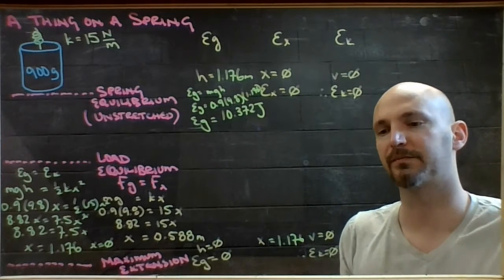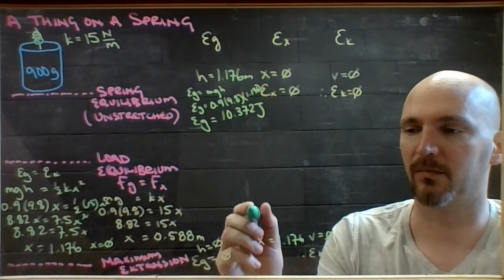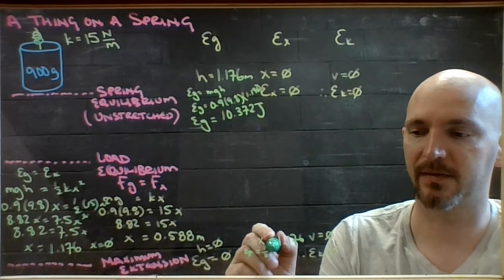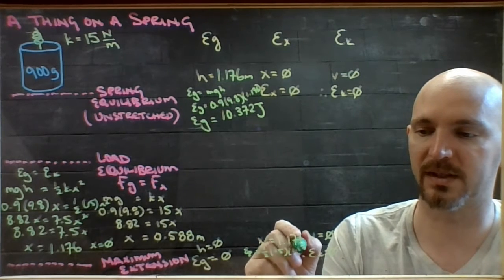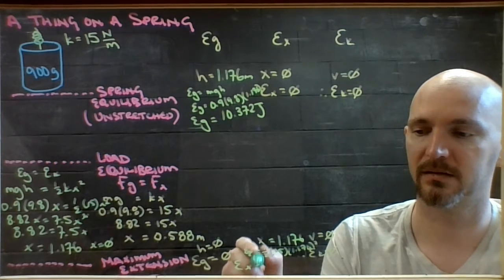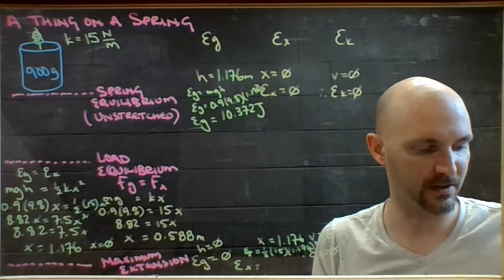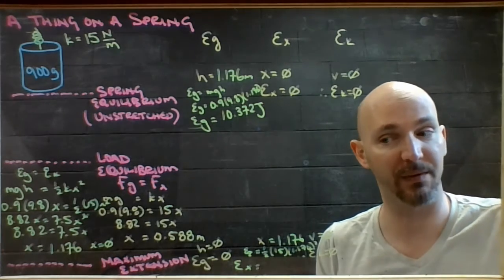Okay. Now down here, 1/2 k, which is 15, times this stretch squared, 1.176 squared, gives me 1.176 times 1.176 times 15 divided by 2 equals 10.372.